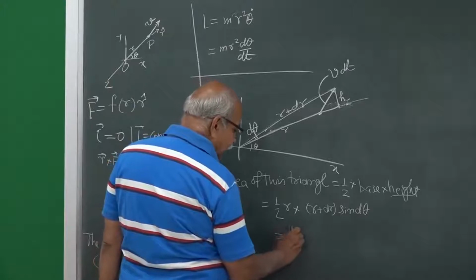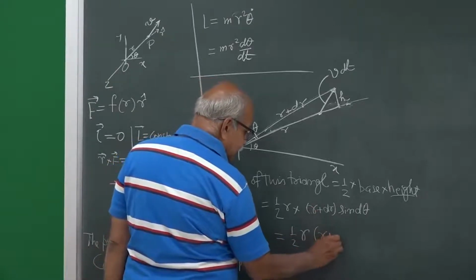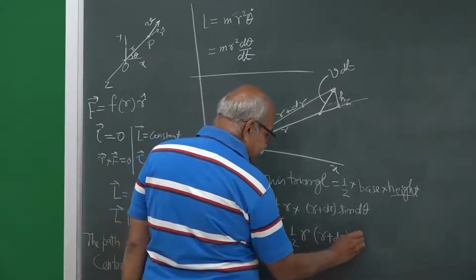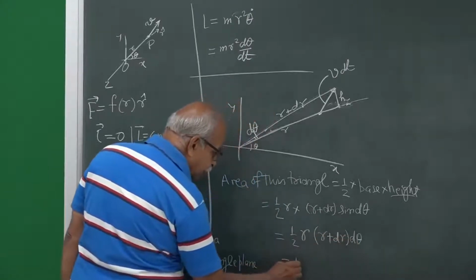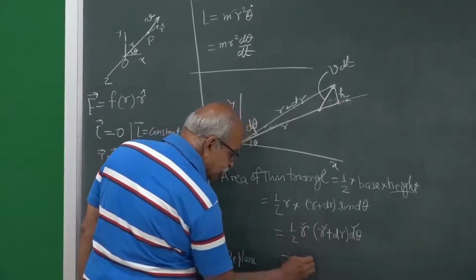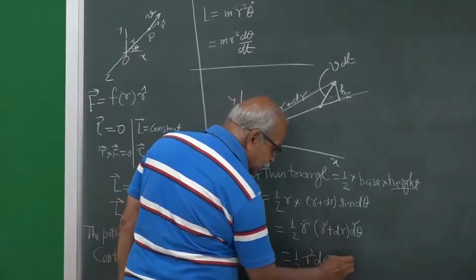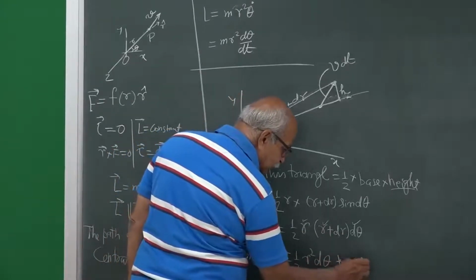So, this will be half into r and into this r plus dr and then d theta, and that is half r square d theta, and then plus half r into dr into d theta.